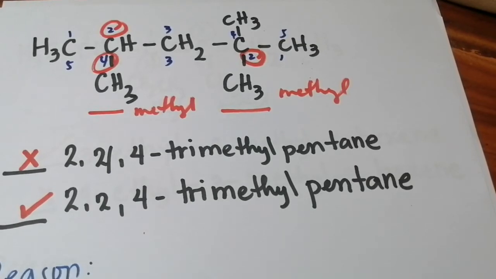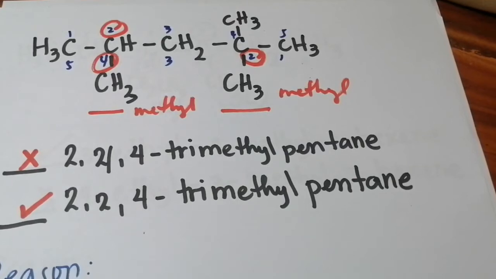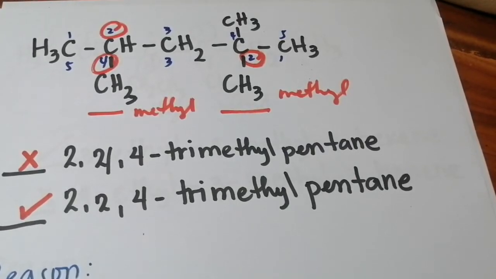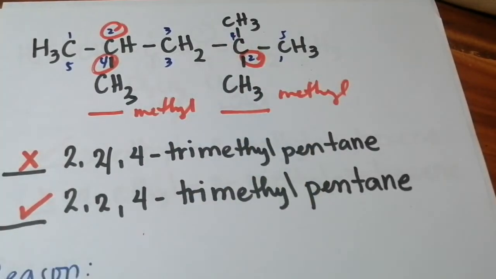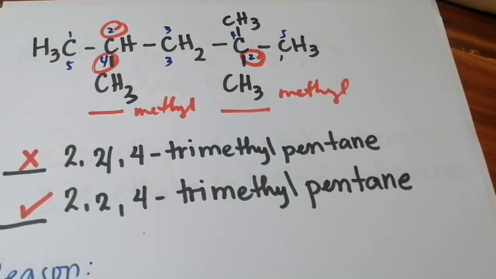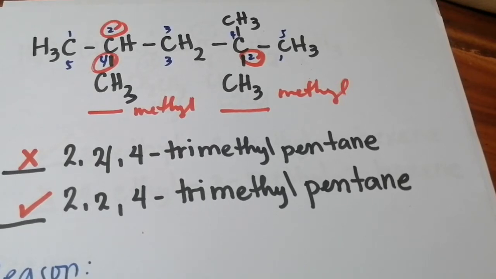It's not 2,4,4-trimethylpentane, because the side with the most number of branching carbons is this side, so we have to start from there, not here. That is if the substituents are the same.